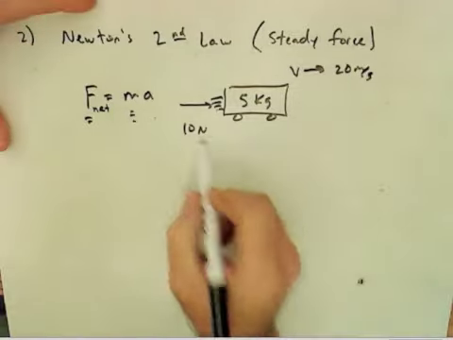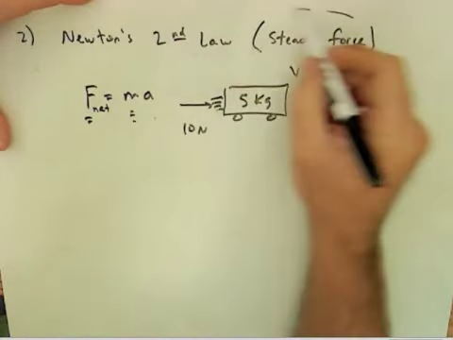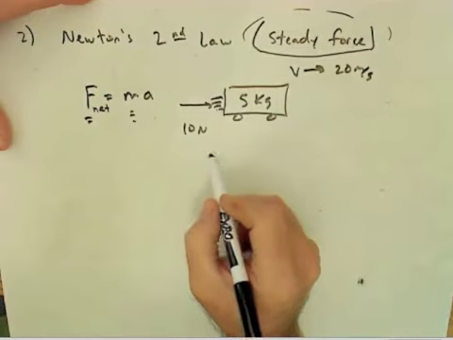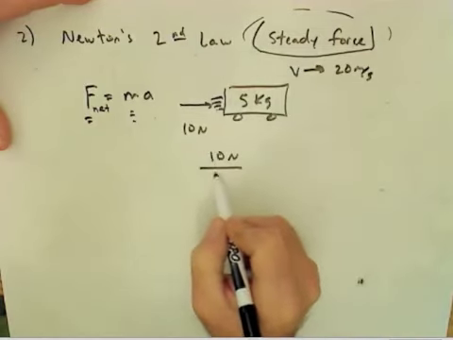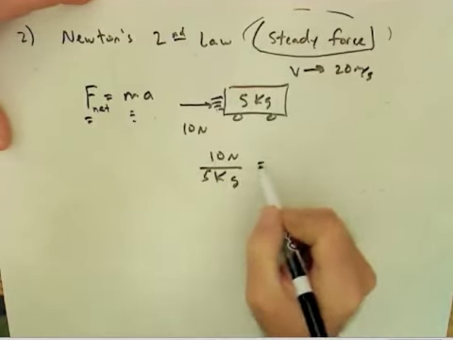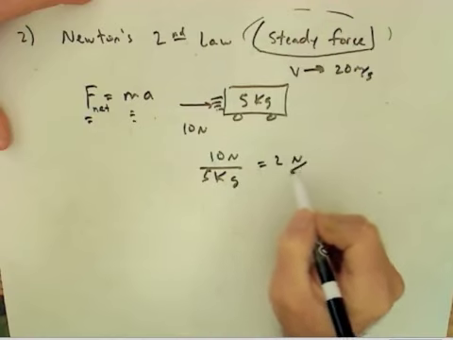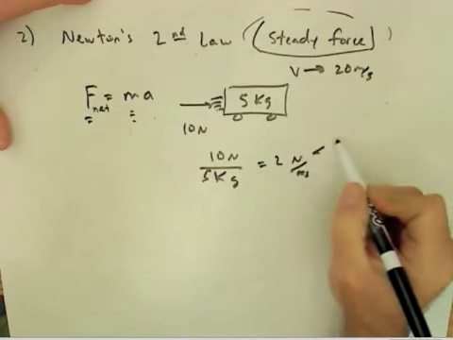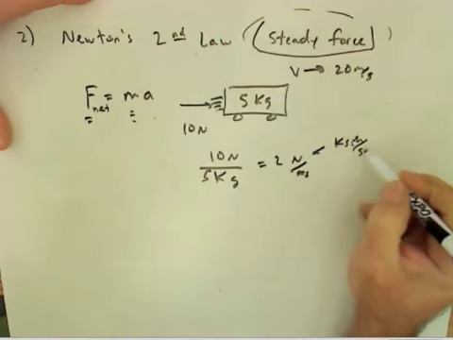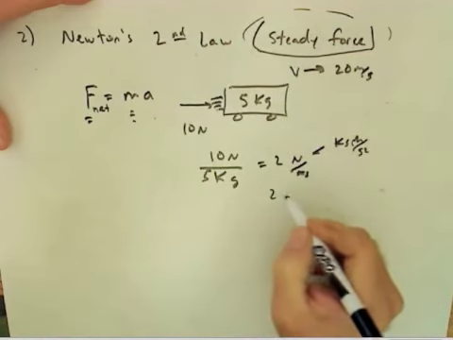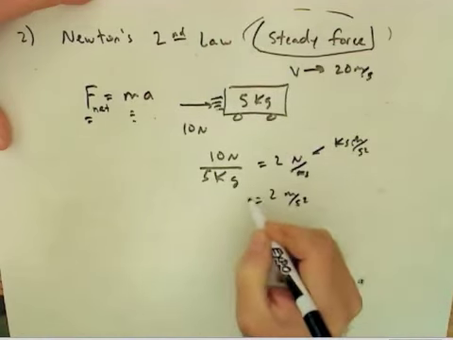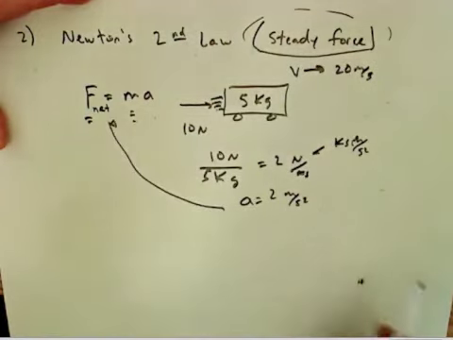I could say, well, I know the force. Now this is for a steady force, and so I can say 10 newtons divided by 5 kilograms comes out to 2 newtons per kilogram. A newton, if you recall, is a kilogram meter per second squared. So you get some canceling and you get 2 meters per second squared.